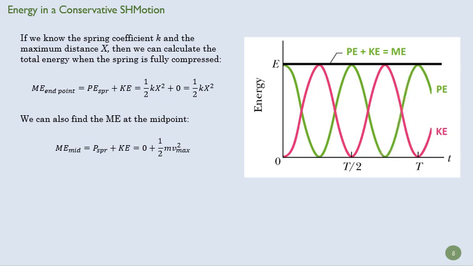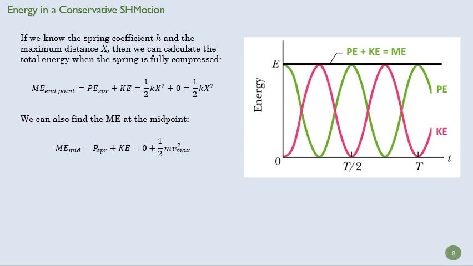On the other hand, the kinetic energy is going to be 0 when we're at the max displacement, right? Because the mass has stopped moving, and at our maximum kinetic energy when we're passing through equilibrium. If we sum these two energies up over this whole period, we get a straight line, and that is our total mechanical energy.